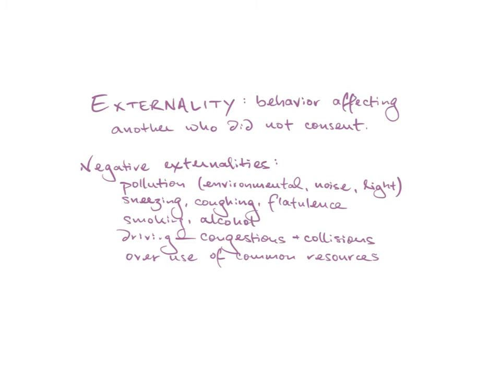Yes. So, I even have that right here on my list: noise pollution. I time things perfectly. Examples of negative externalities: pollution. We think mostly of environmental pollution, but also noise. In your dorm or in your apartment, this can be a source of concern, right?